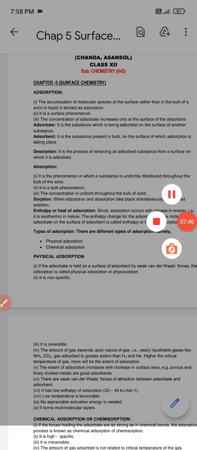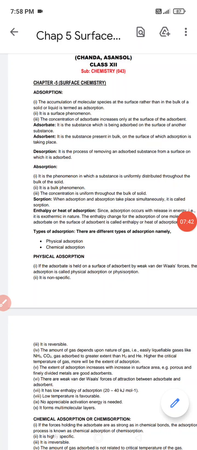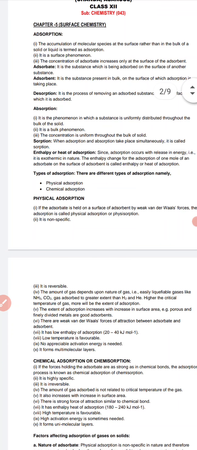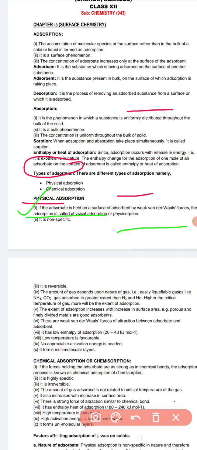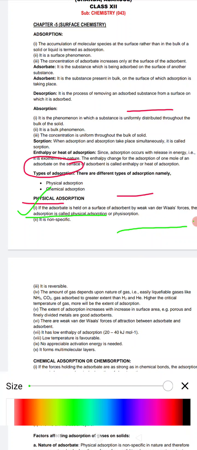One important thing should be clear: whenever the process of adsorption takes place, a high amount of heat is released, and this heat released is called the enthalpy of adsorption, or the heat of adsorption.